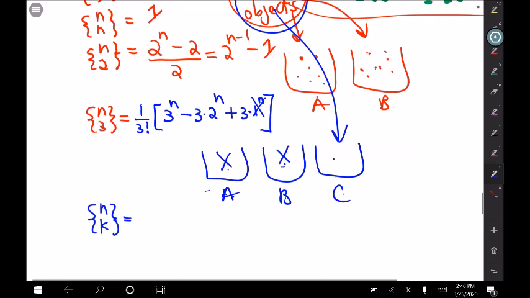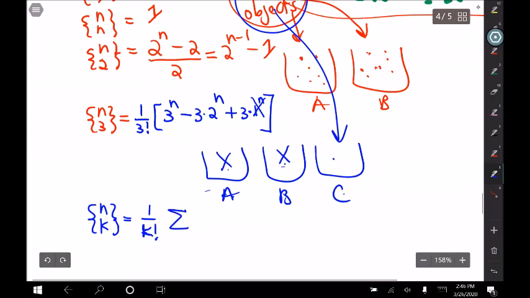It would start as 1 over k factorial, obviously. Then we would have a summation sign. Now tell me what's inside the summation sign, term by term. Some of them will be pluses, some of them will be minuses, so definitely there will be a term like -1 to the power something. Let's do the summation from j equals 1 to k.